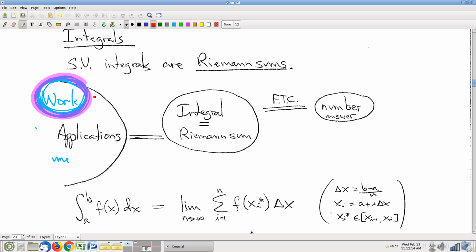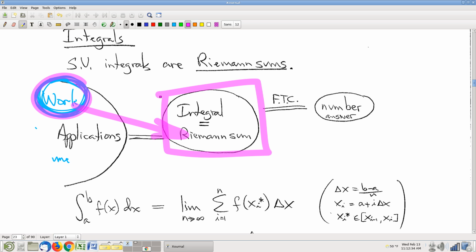Okay, so I think my larger point stands, and that is that when you're doing an application, very importantly, applications go by taking the application and writing it as a Riemann sum. That's why we care about integrals. We define integrals to be Riemann sums because Riemann sums are the things that take this tremendous number of applications and allow us to get our hands on them mathematically.